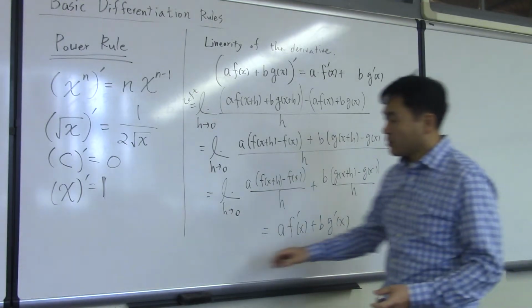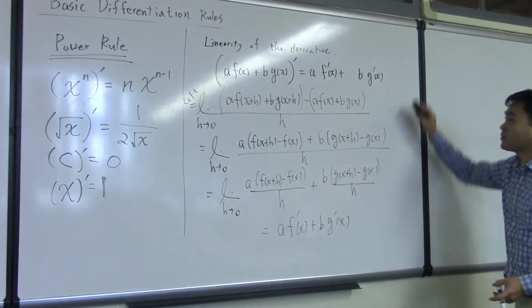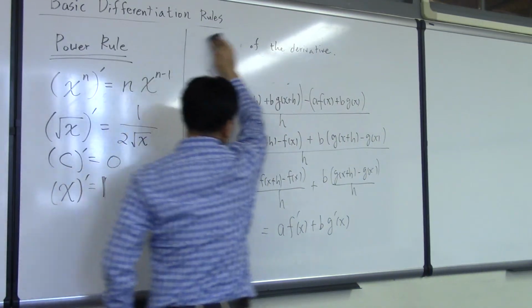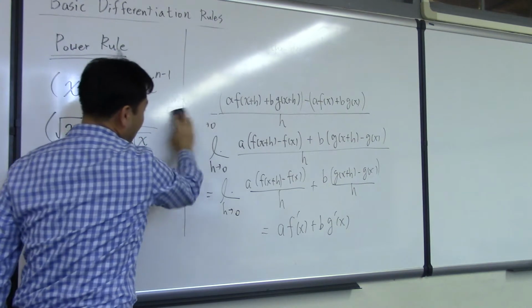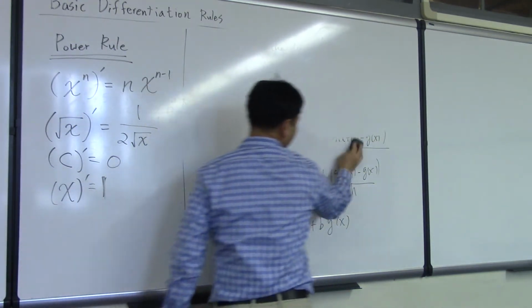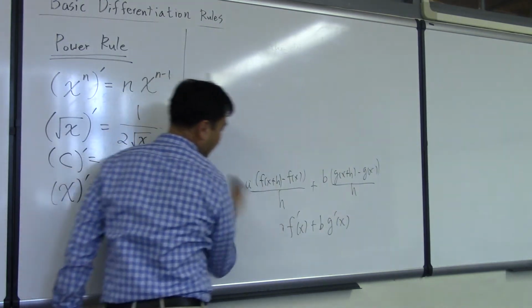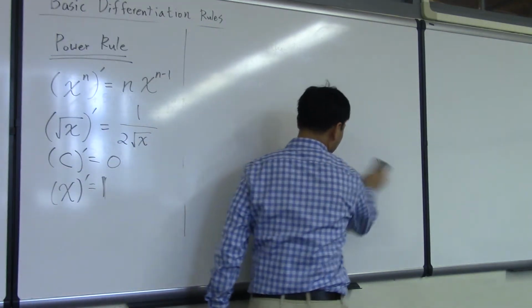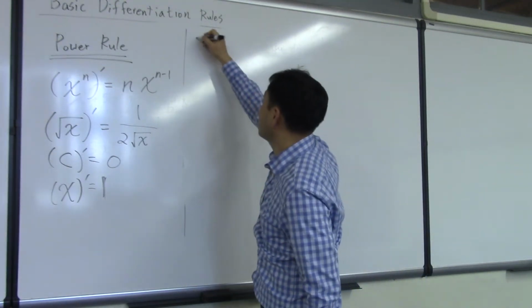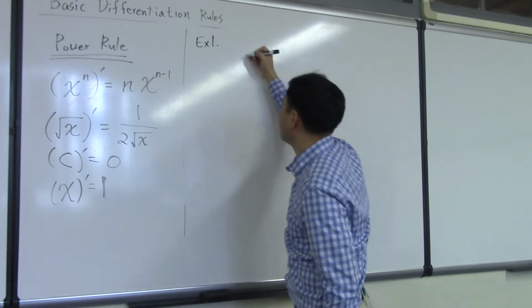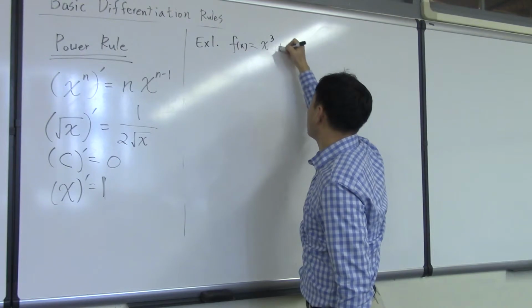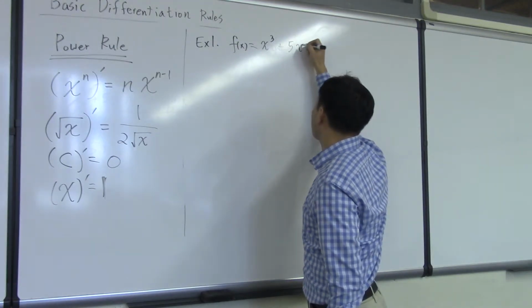Now, why is this useful? Let me give you some implications of this. Suppose I wanted to differentiate, so that's the first example of today, f(x) equals x cubed plus 5x squared.